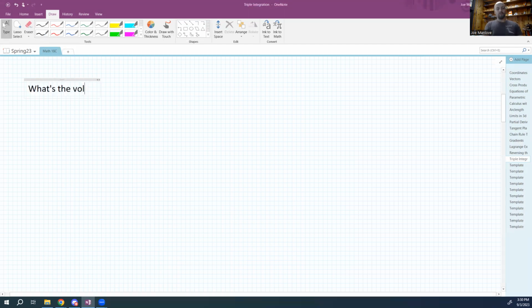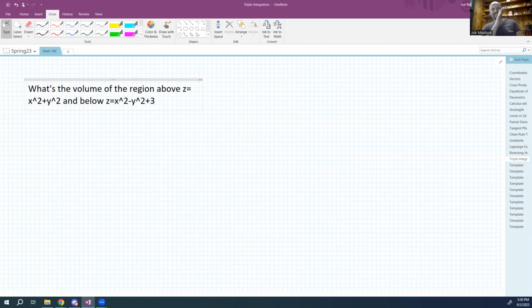What's the volume of the region above z is x squared plus y squared, and below z is x squared minus y squared plus 3.